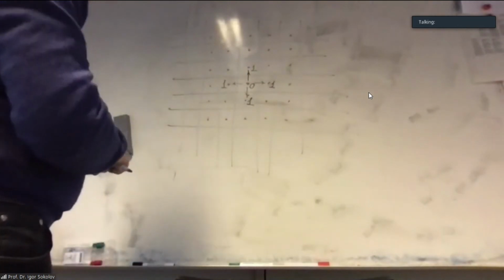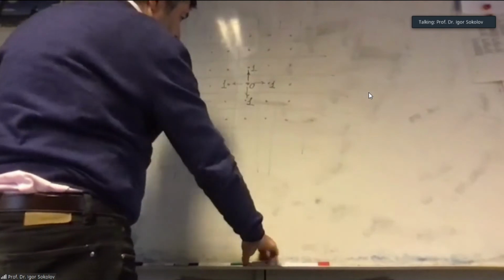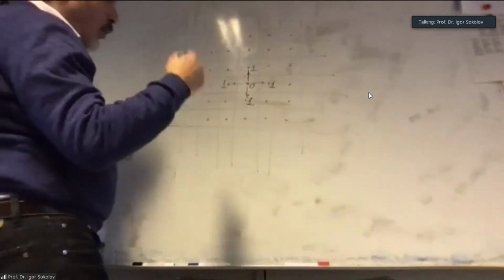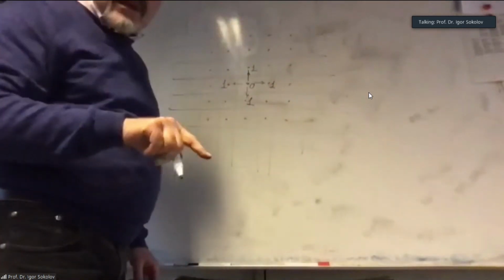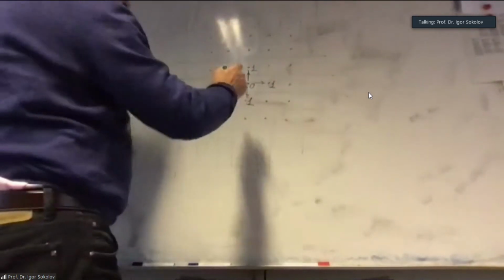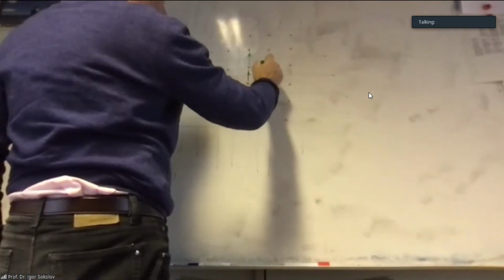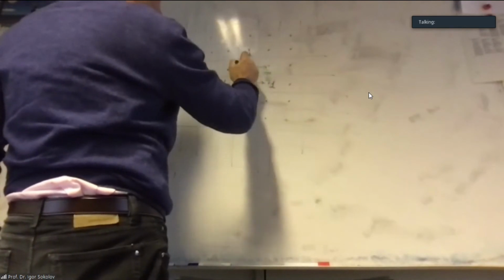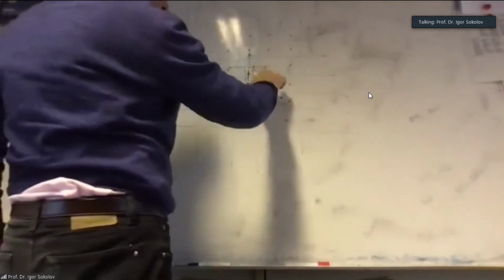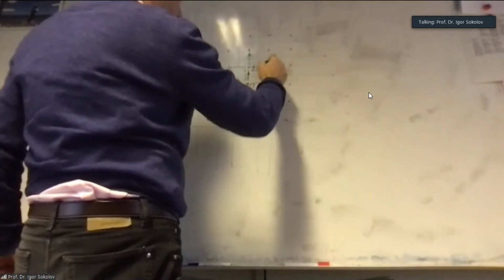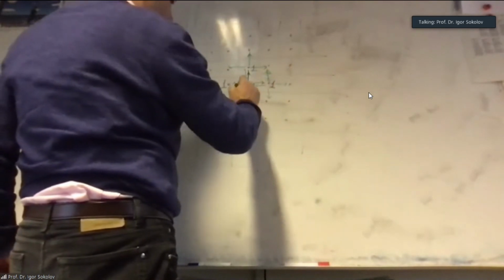Now, let us look at the walk of 2 steps. In order to make 2 steps, I first make 1 step and then another one. So I can make from here a step here, a step here, a step here, a step here, a step here, and a step here. And then I can make from here a step here, a step here, a step here, and a step here. And the same from here.